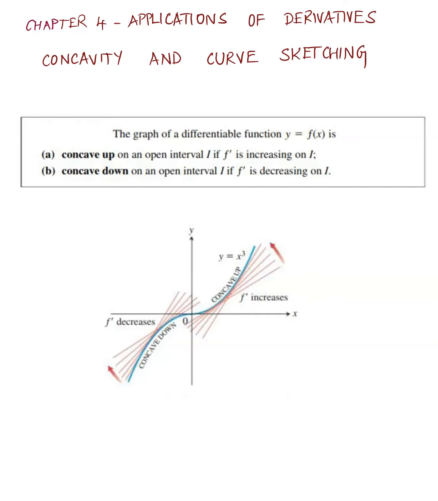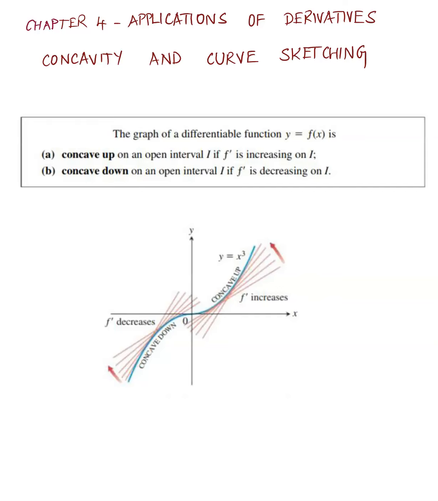Okay. As you can see in this graph here, which illustrates this idea of concavity, y equals x cubed is a cubic function. And as you can see, the blue graph depicts that function. And the portion of the function that appears in the first quadrant is concave up, because if you look at the derivative, right, f prime is the slope.